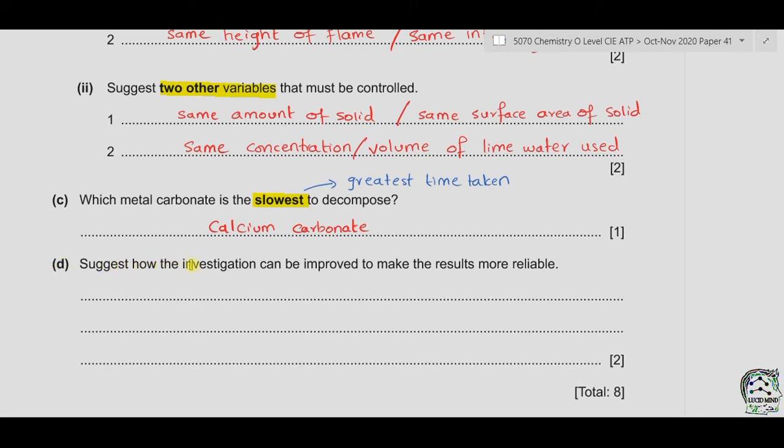D. Suggest how the investigation can be improved to make the results more reliable. Now this can be done by repeating experiments.